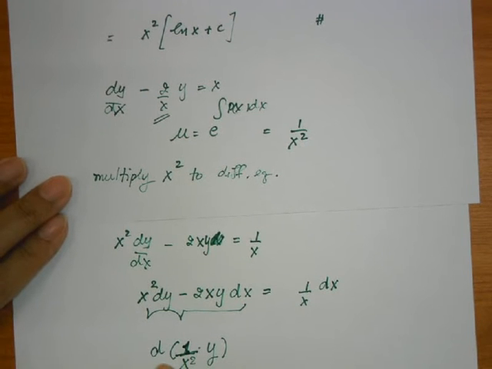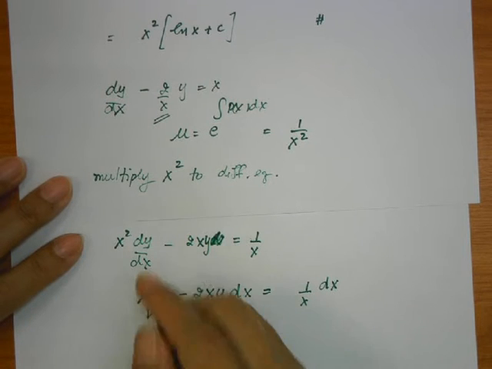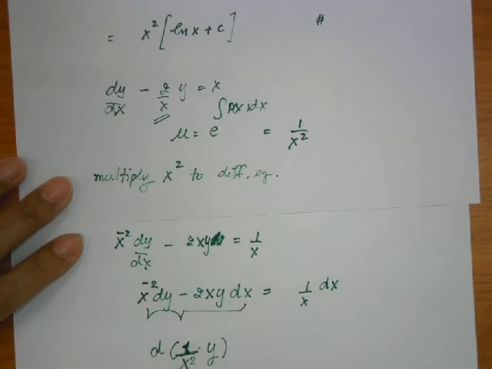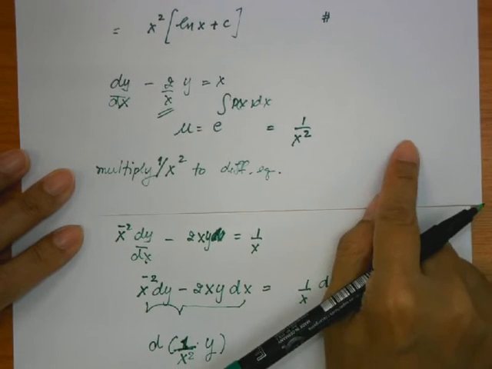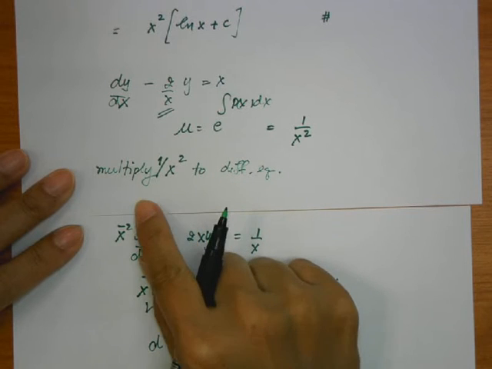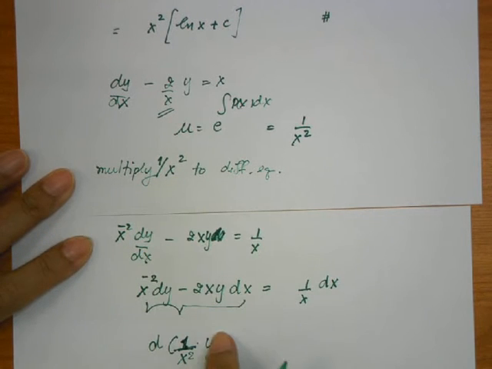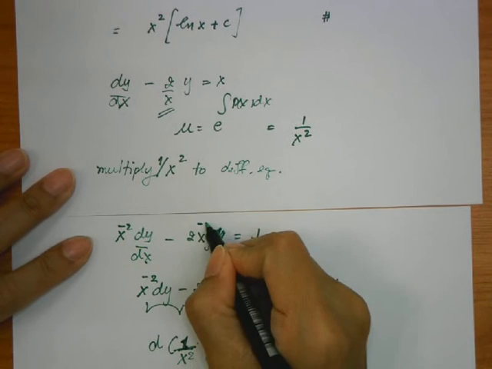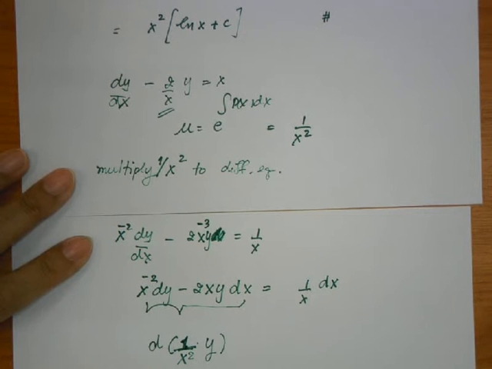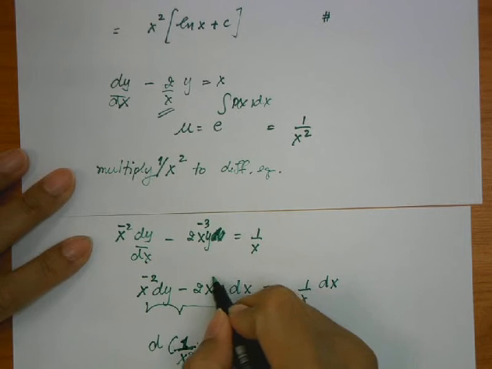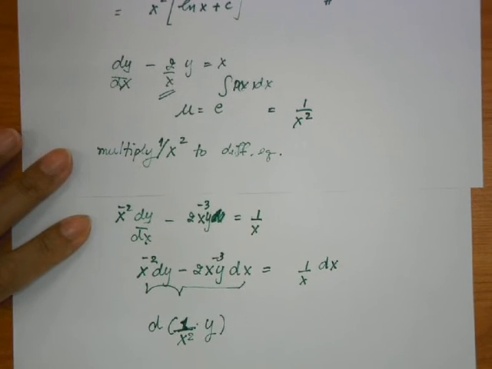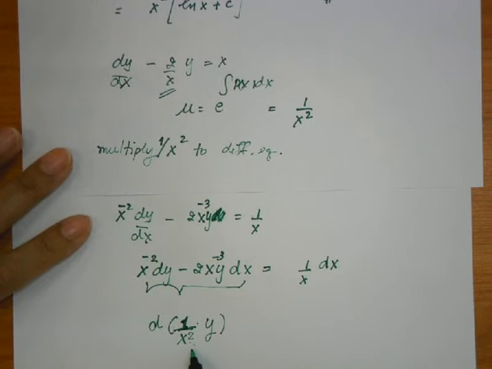The integrating factor is 1 over x squared, so you do the differential of 1 over x squared times y.